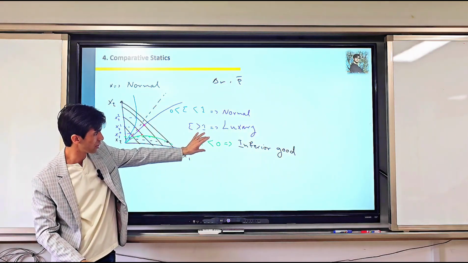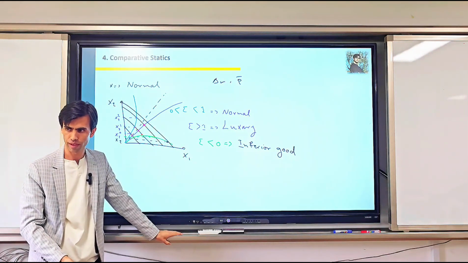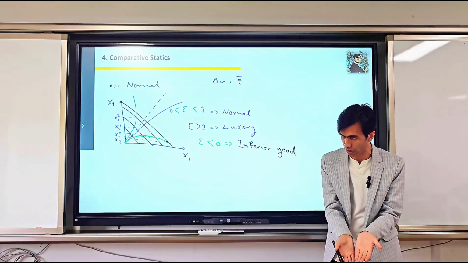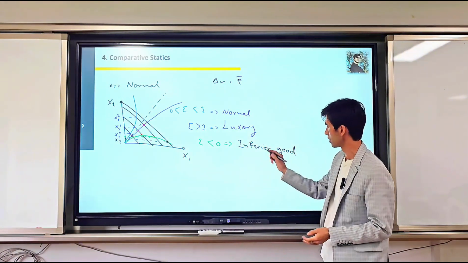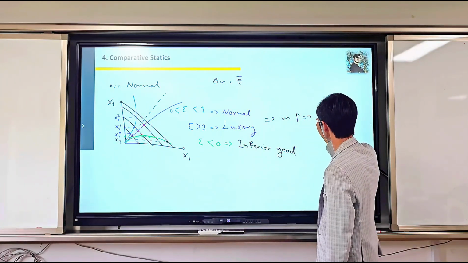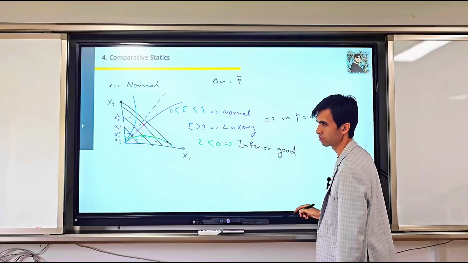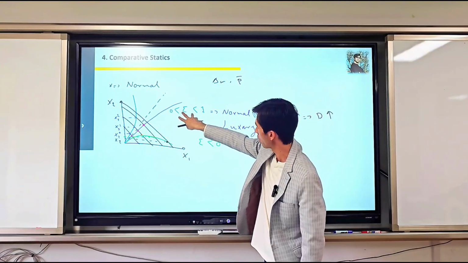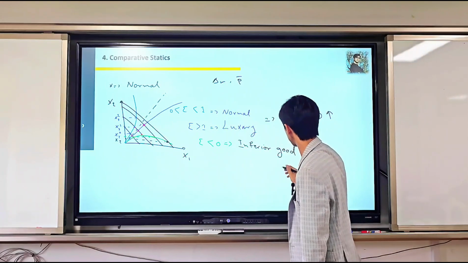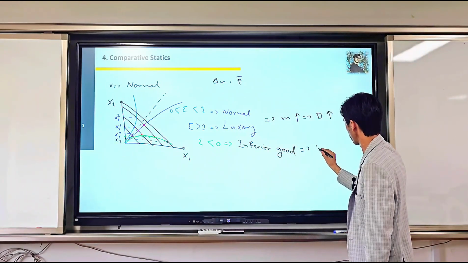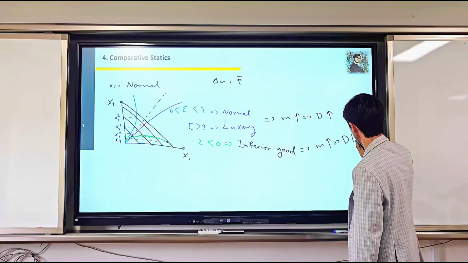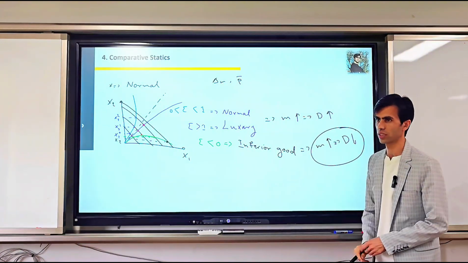For the inferior good, we have negative income effect. Why? Because when the income increases, the demand for the inferior good decreases. So this is inferior good.